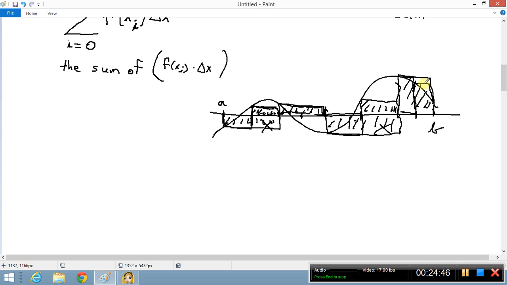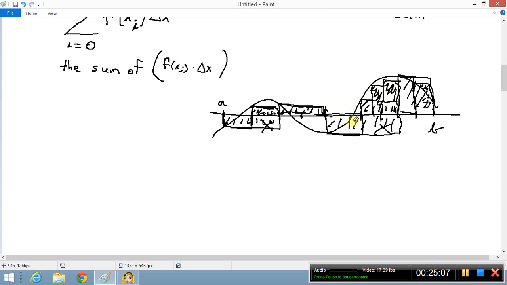You see what's happening is I'm getting things that are closer to the curve than it was before. And if I chop the interval up even more, I'm going to get rectangles that do a better job. Each time I chop it up more, the rectangles come closer to the curve.